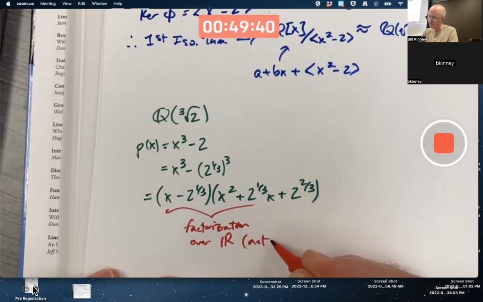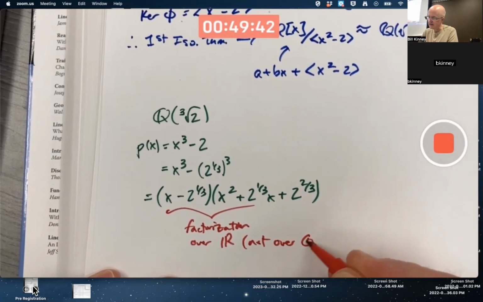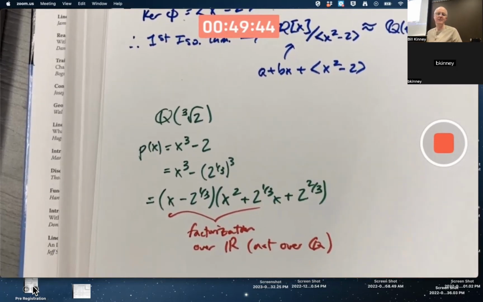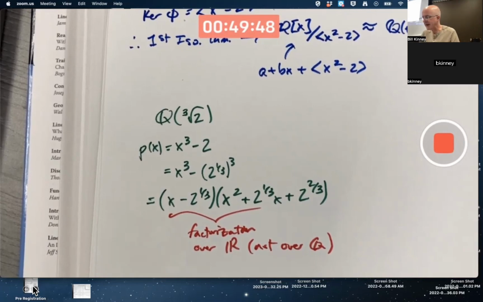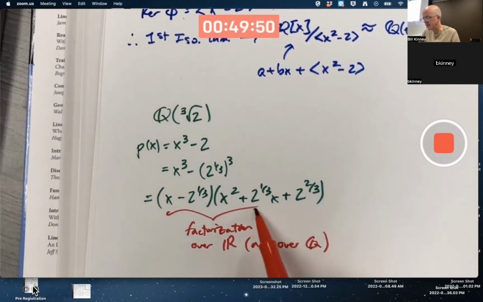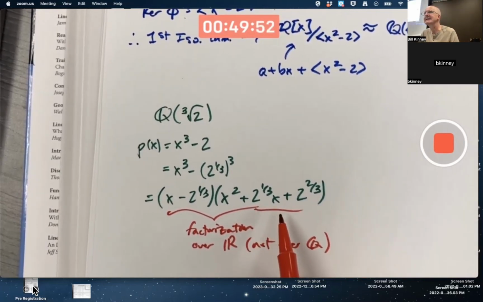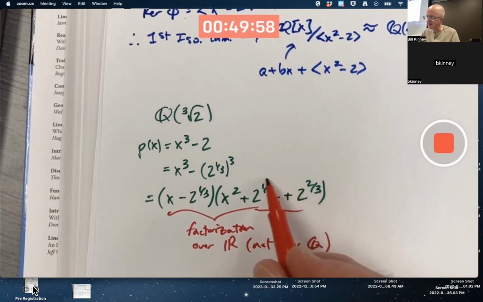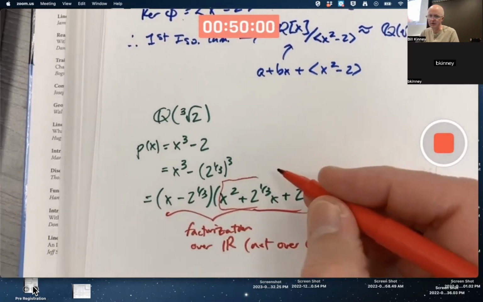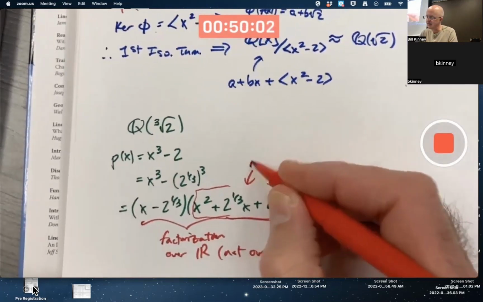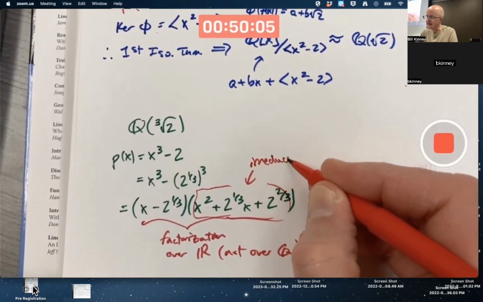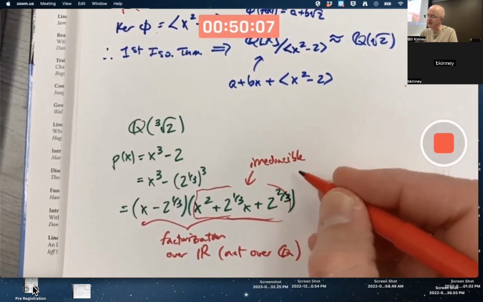Not over Q. You might wonder, can I factor this one further over the reals? The answer is no. This one turns out to be irreducible over R. Its roots turn out to be complex numbers that are not real.